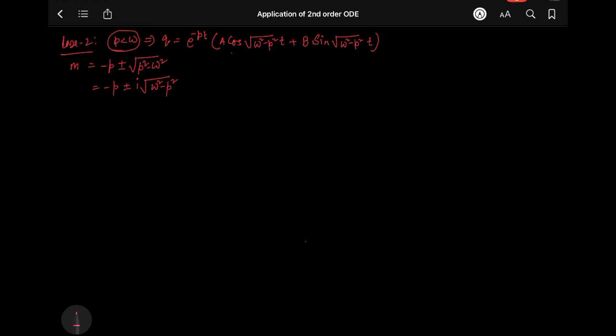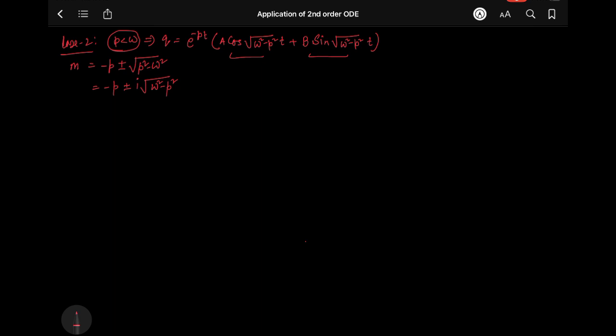Here you can see this is nothing but a combination of cosine and sine functions. In this case the oscillation gradually decays, and this is the case for under damping.